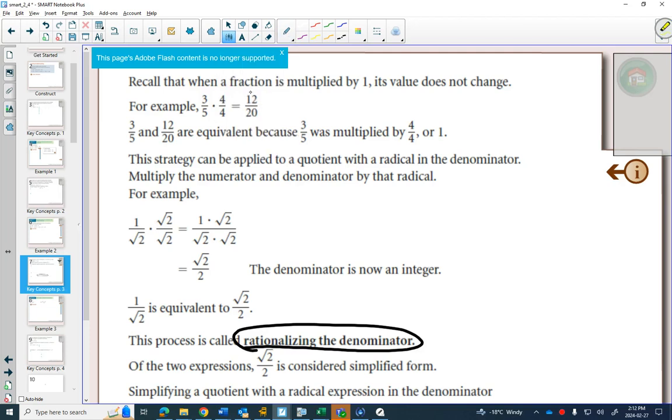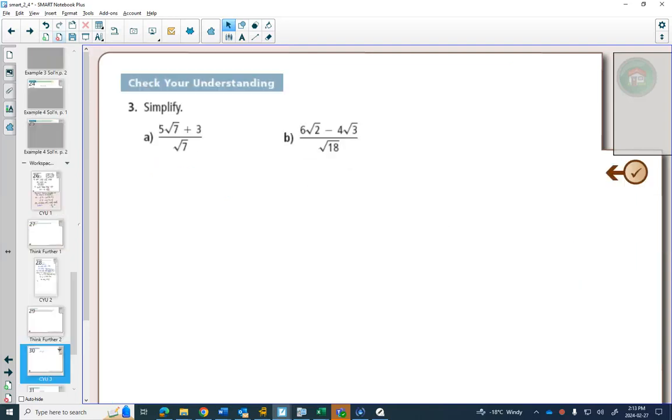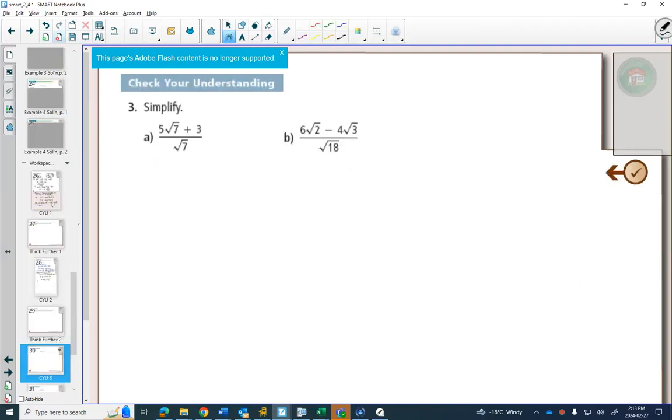There we go. Whoa, I hit the wrong button. I just deleted that whole page. That's okay. You saw it long enough to highlight that word. We call this idea that if you have a square root on the bottom, we call it rationalizing the denominator. So when we go to our example here, hopefully I had enough time to highlight that word.